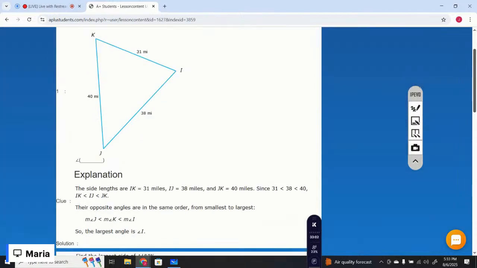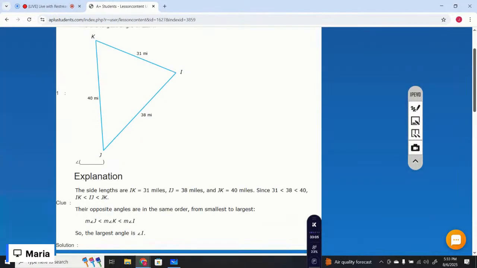The side lengths: IK equals 31, IJ equals 38 and JK equals 40. Since 31 is less than 38, which is less than 40, IK is less than IJ and less than JK. Their opposite angles are in the same order. Opposite to IK is J, opposite to IJ is K, and opposite to JK is I. So the largest angle is angle I.